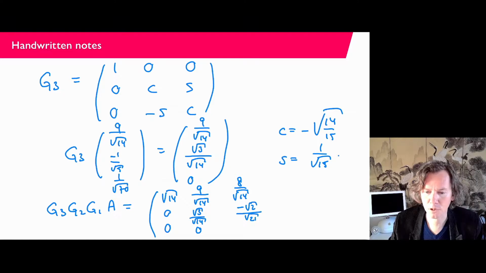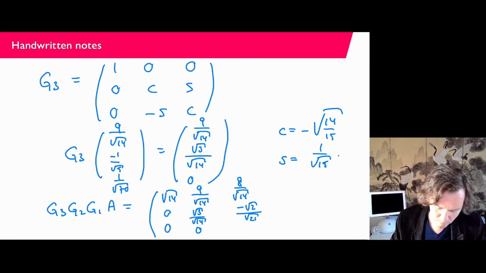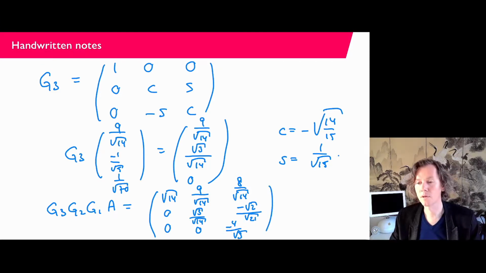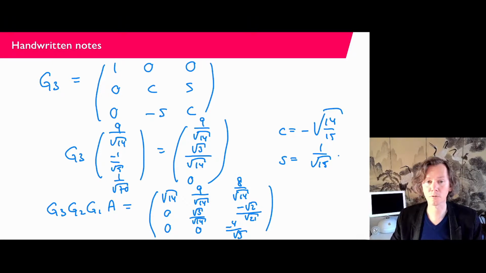And the last entry here is going to be minus 4 over the square root of 3. So hopefully I didn't make any mistakes there, but you know the principle, and that is what is important here.